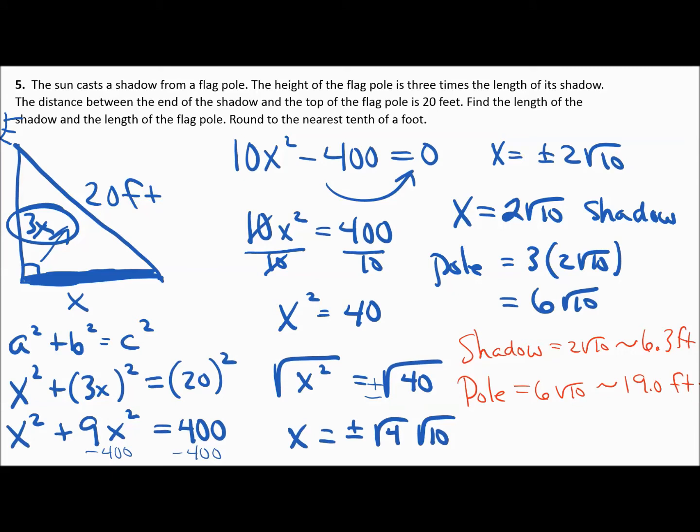And 18.97, the 9 rounds up and carries over to the ones place. So in sentence form, I would say the shadow length is 6.3 feet and the length of the pole is 19.0 feet.